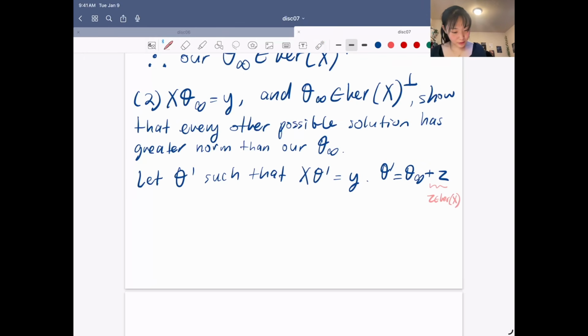And so let me actually write that explicitly. So theta prime is equal to theta infinity plus z, where z is in the kernel space.